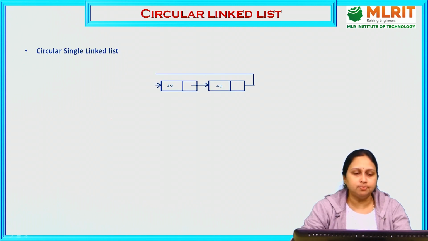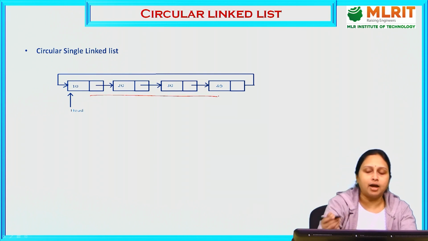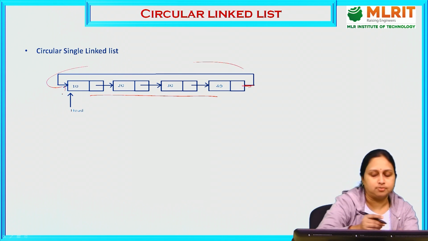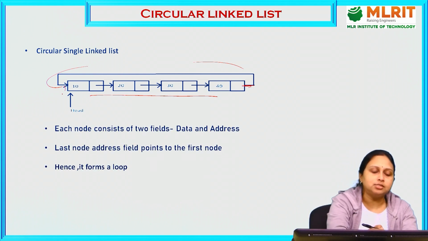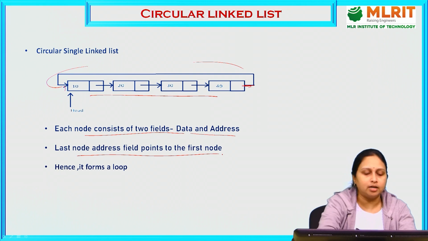It is similar to our single linked list, but the last element's address part is connected to the first. This is a circular linked list. Now you can see here, in the circular single linked list, every node has two fields: data and address. The last node's address field points to the first node, and hence it forms a loop.